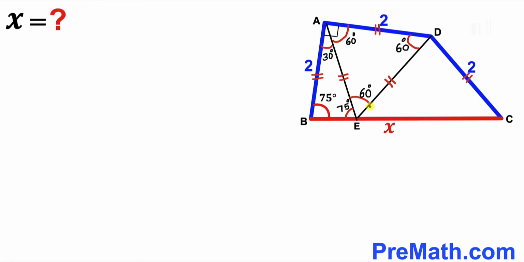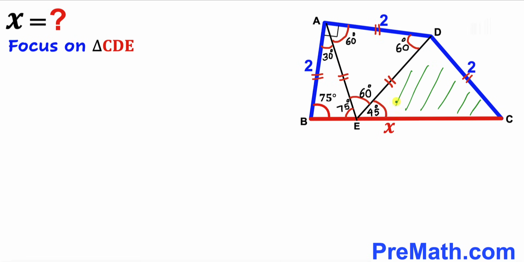Now let's make an observation. We can see that this straight angle is 180 degrees. We know this angle is 75 degrees and this angle is 60 degrees. So we conclude that this remaining angle has got to be 45 degrees. Now we focus on triangle CDE.